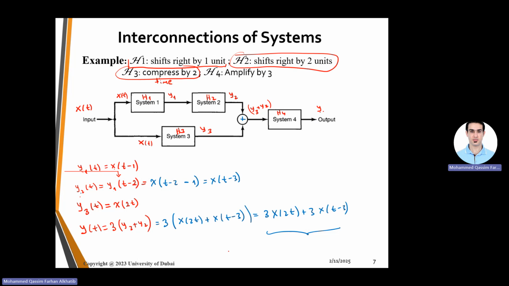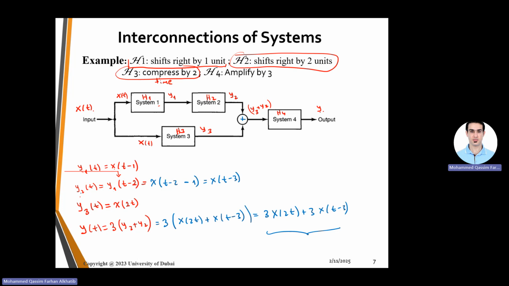All right, so assume that you have a system that consists of three subsystems. Let's call them system 1, system 2, system 3, and you are asked for the output, and it's telling you the behavior of each system. System 1 shifts to the right by 1 unit.